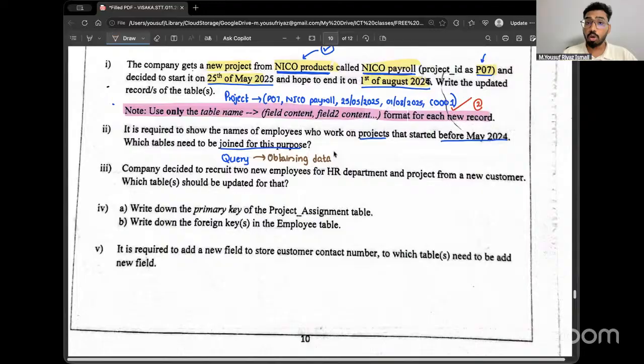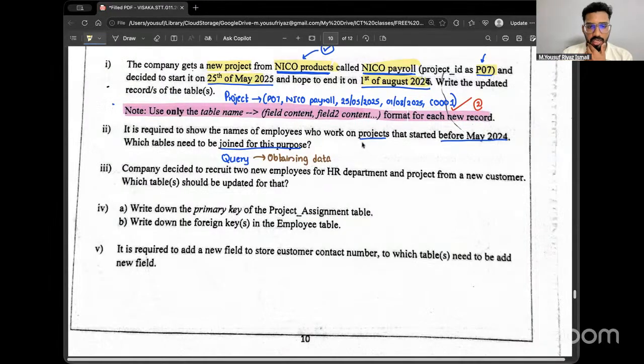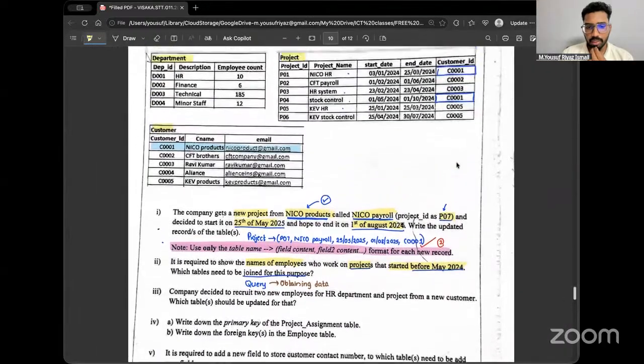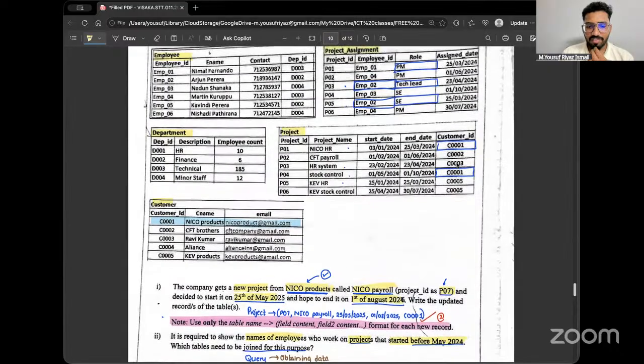What are the tables you have to go through? Let's forget about computers. As a human, if you were given the task to tell me the names of the employees who were working on the projects that started before May 2024, which table would you go to first?